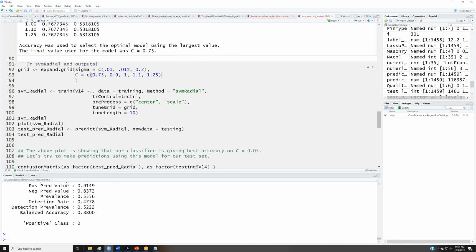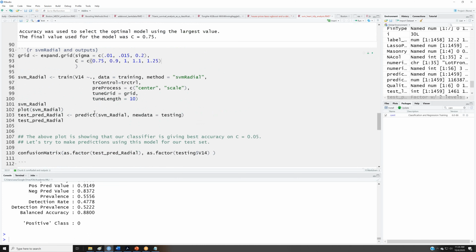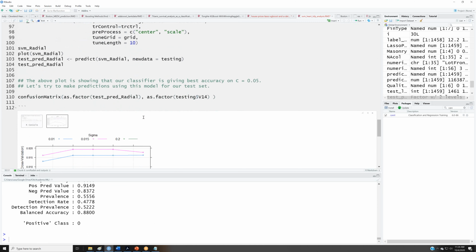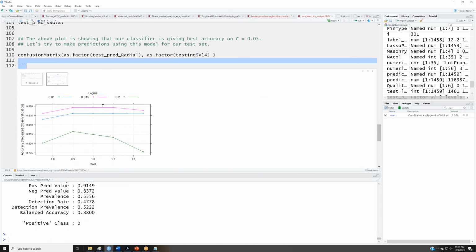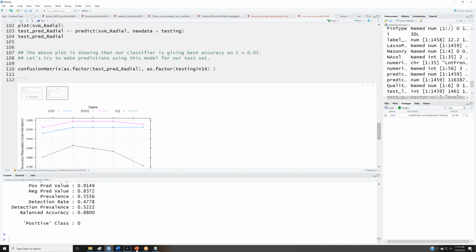Here, sigma is the one that is used, 0.01. So sigma is this one, C is this, so for various costs for each of these sigmas. And which accuracy is achieved in the repeated cross validation better? The 0.015 sigma. Sigma is another hyperparameter. Because we are using the radial basis function, remember, it has a sigma.